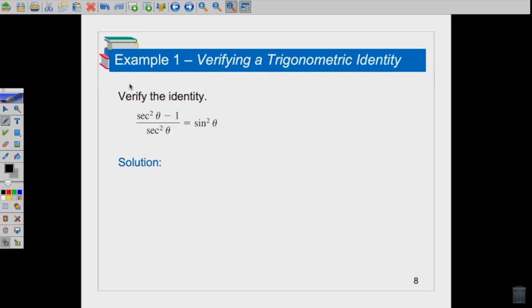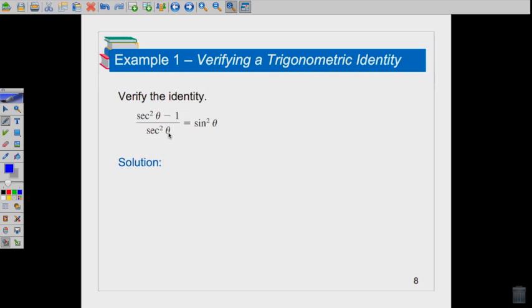Now when I look at this, my first thought is, okay, this left side is far too complicated, and I can already see that there are some things in here that I can mess with and make it look like the sine squared. And the sine squared is pretty simplified. There's not much that I can really do to it unless I wanted to expand it and make it more complicated. So why not just make the complicated side simple?